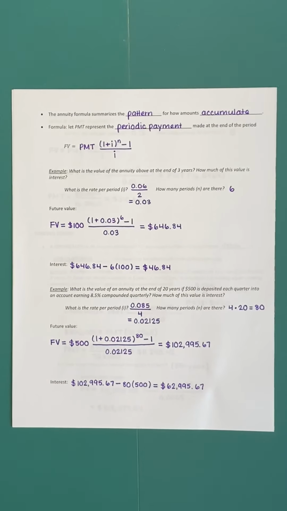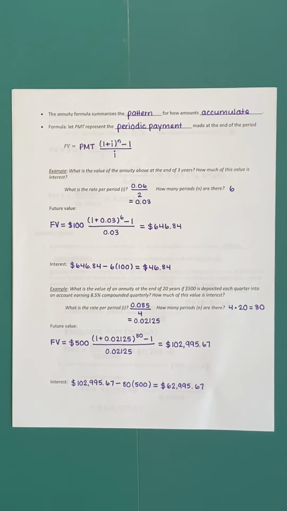Now, what about interest? We also asked the question, how much of that was interest? Well, remember, interest is always defined as the difference between your account balance and the amount of principal in your account. The biggest difference here, though, is principal is not a set amount that we started with. Principal here is represented as a sequence of payments, a sequence of $100 deposits in the account.